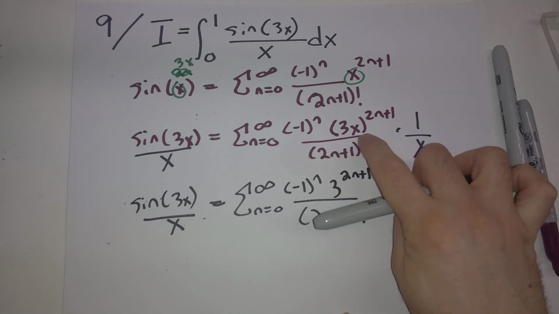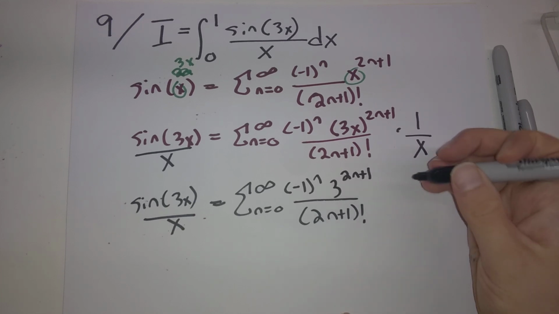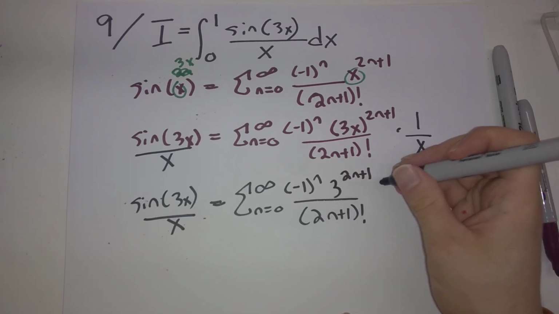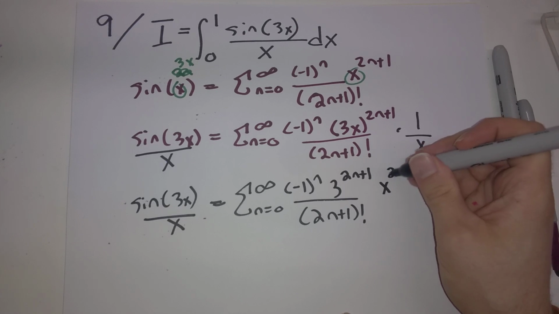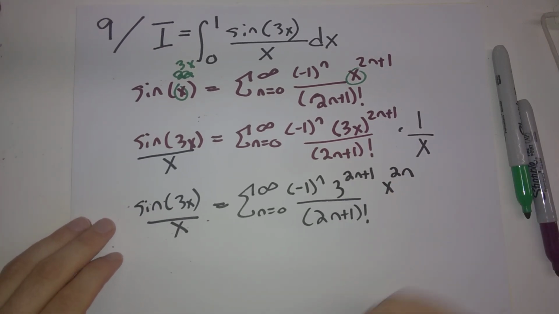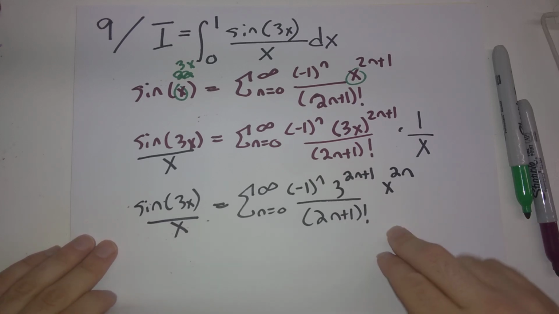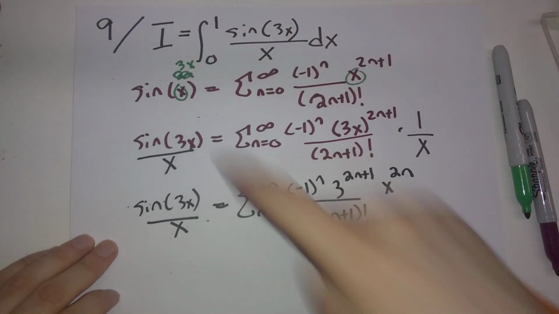But when we have x to the 2n plus 1, and then we divide by x, that's subtracting 1 from the exponent of x. And so this would be x to the 2n. So step 1 is coming up with our Taylor series, our Maclaurin series, in fact, for sine of 3x divided by x.